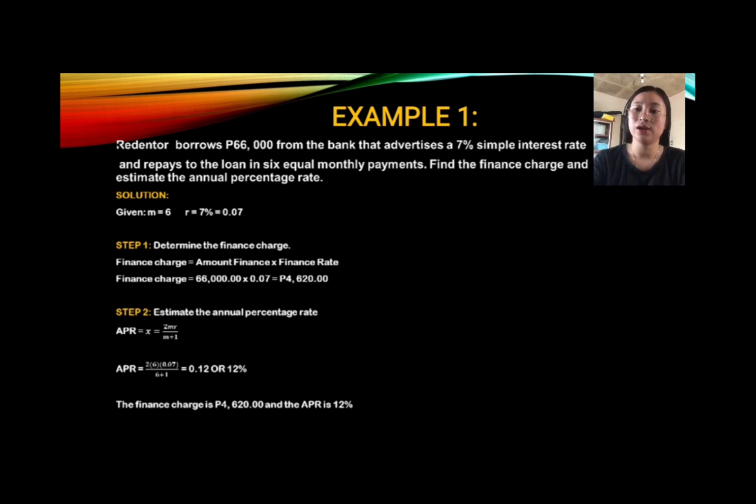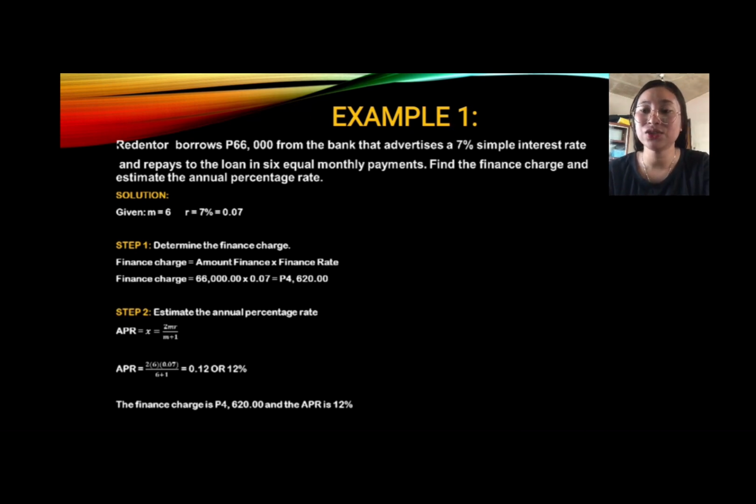So step 1, we need to determine first the finance charge. Finance charge is equal to amount financed times finance rate. So finance charge is equal to 66,000 times 0.07, which is equal to 4,620 pesos. Step 2, we need to estimate the annual percentage rate. APR is equal to 2MR over M plus 1.